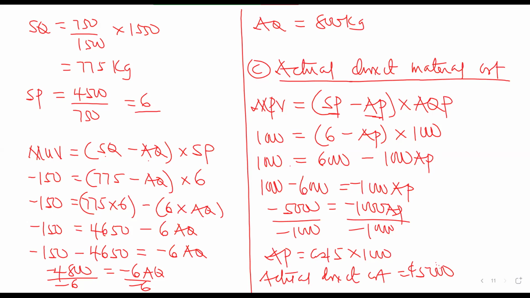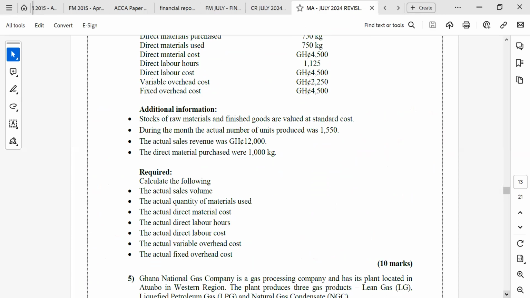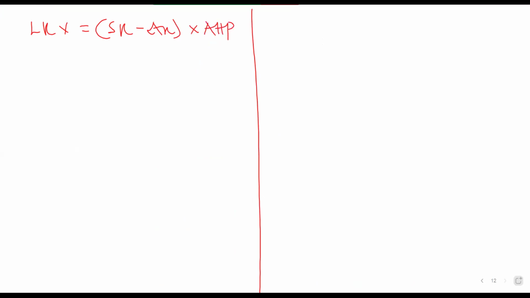Okay. So let's see. I'm sure this is the last question that we can solve. Let's come to actual direct labor hours. So we also go and quote the formula for the labor hours now. We have the labor rate variance, which is equal to the standard rate minus the actual rate multiplied by the actual hours paid for.